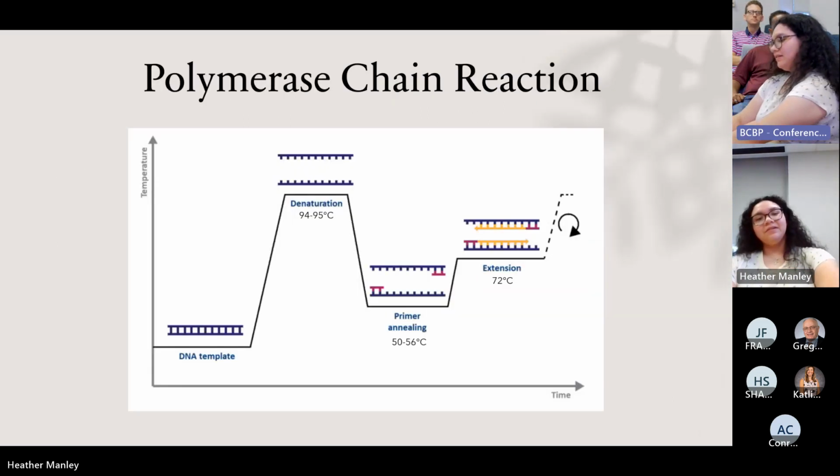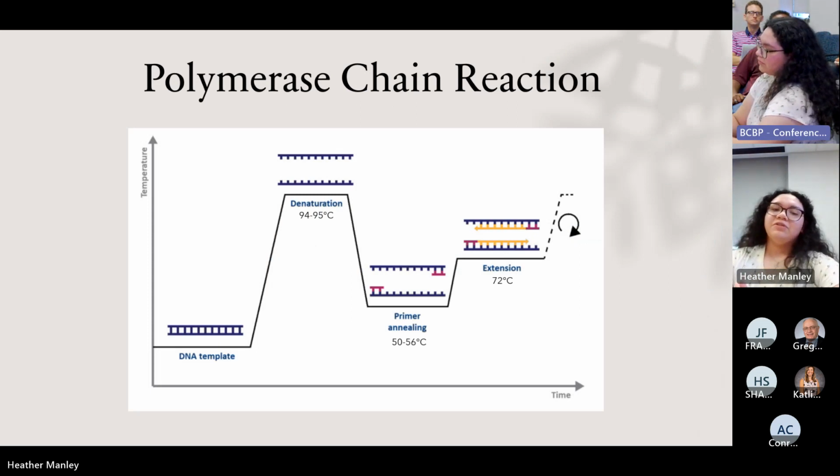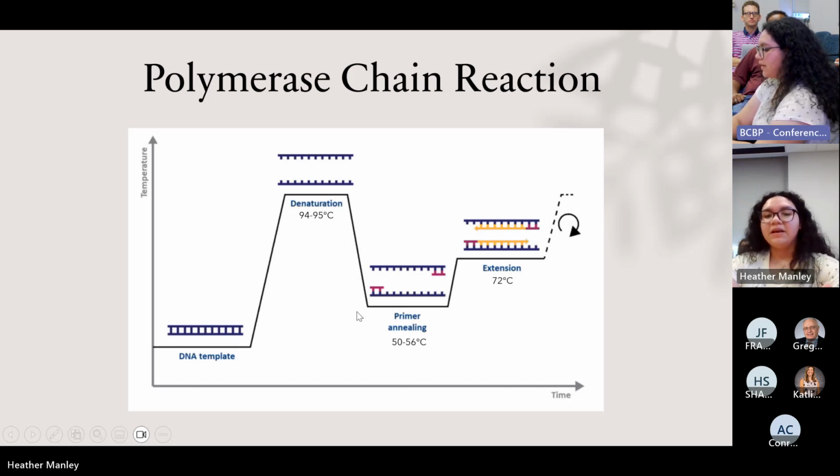And then from there, we run it on a PCR, which basically is just amplifying the cDNA. So you have your template right here, and then in denaturation, the strands separate, and then in annealing, it cools down by a lot so that the primer can attach itself to the cDNA template.